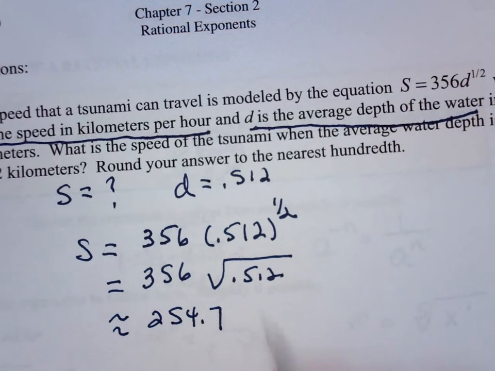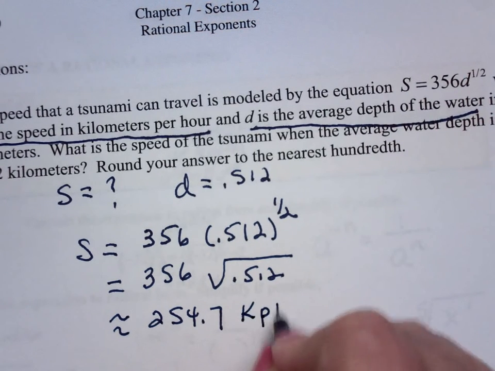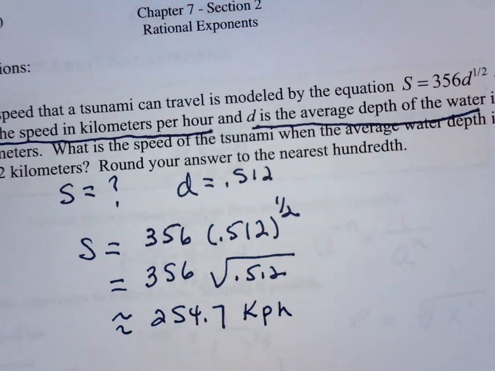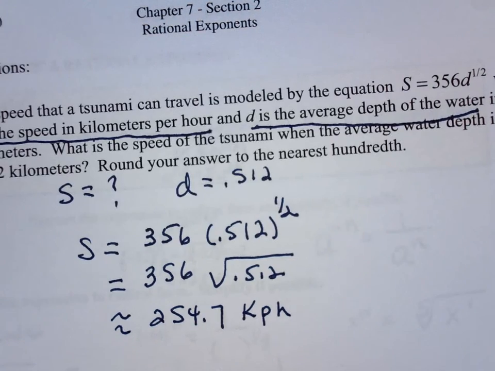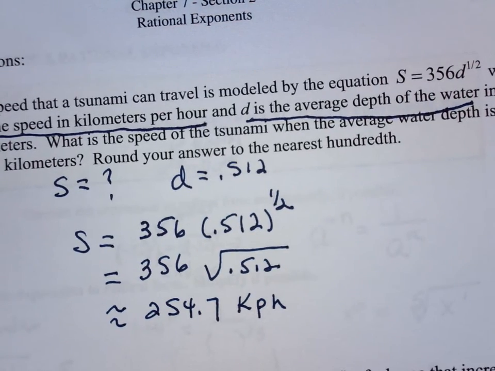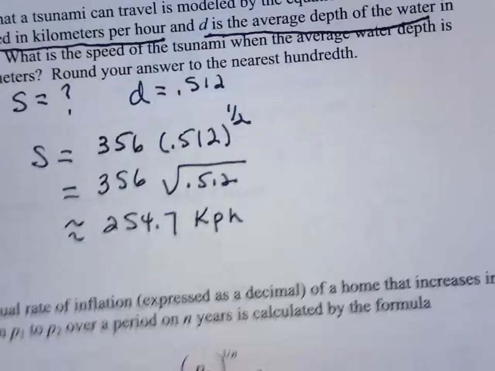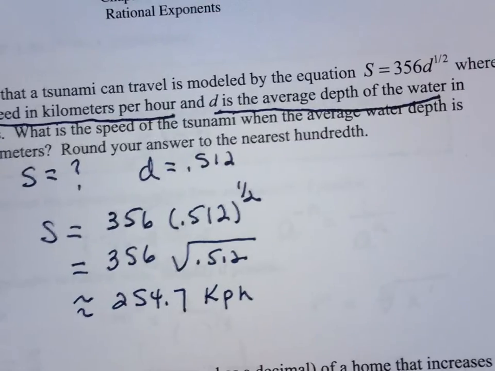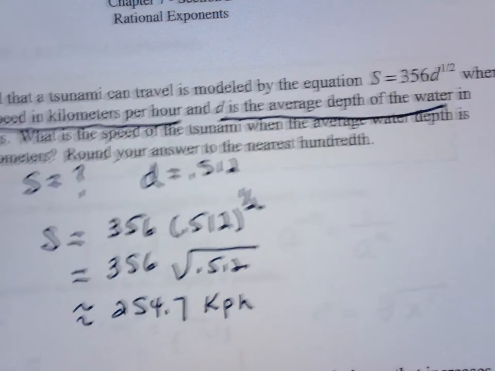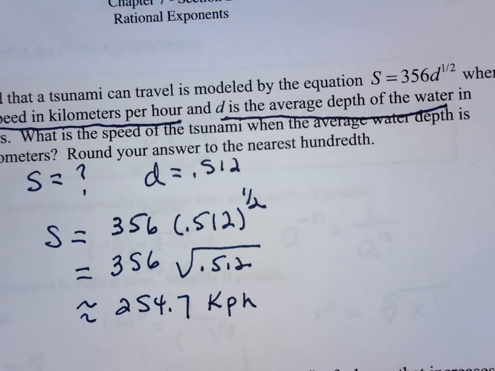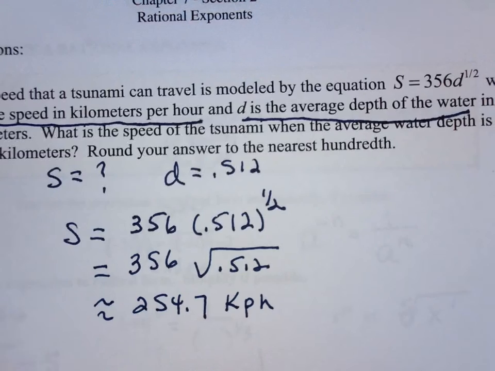Kilometers per hour. See, that wasn't so bad, was it? And that's a good thing to know, isn't it? If you're going to be in the path of a tsunami, how fast do you need to run?